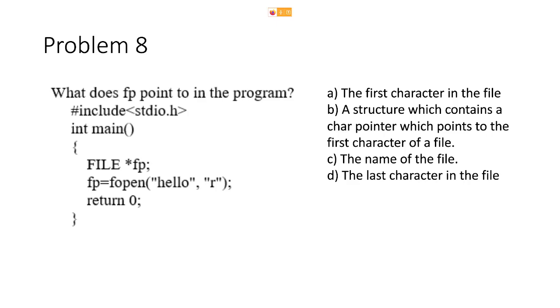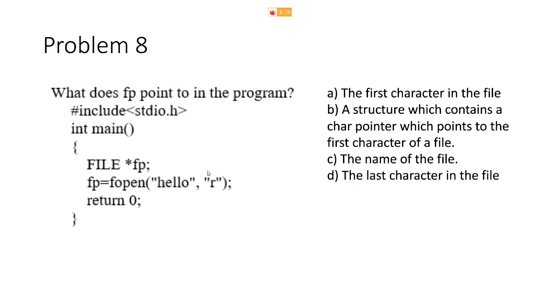Okay, thank you. So our correct answer is option B. FP is a pointer to a file, so it's actually a structure which contains information about the file, like the file path and the permissions on the file. Here you have given the file name as hello, and then you have given the file permission as read, so you want to open the file with read permission.